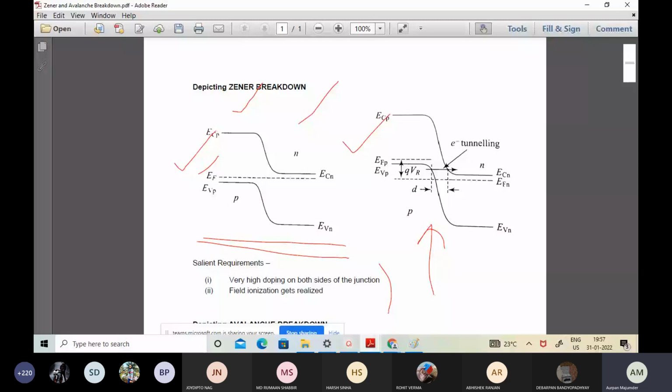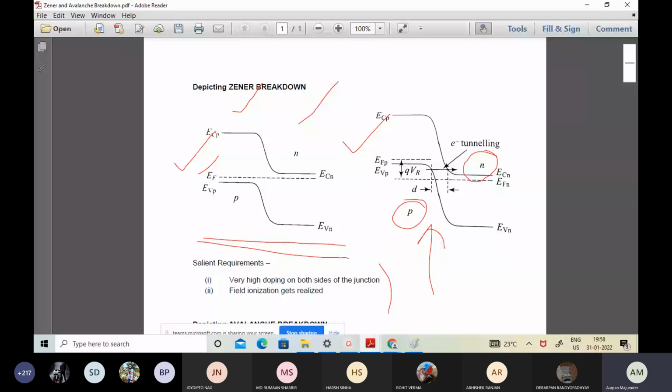In other words, in the electronic energy level context, when we apply the VR potential, the energy band will get shifted on the P side with respect to N. That is, the electronic energy band diagram on the P side will shift upwards with respect to N. Or the energy band diagram on the N side will move downwards, because the potential on the N side is higher compared to the potential on the P side for reverse biasing.